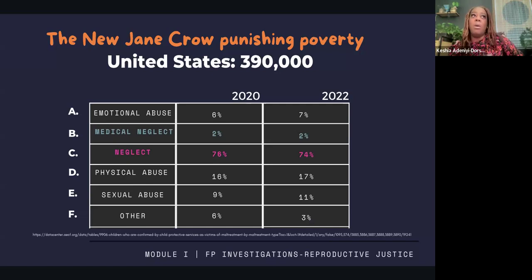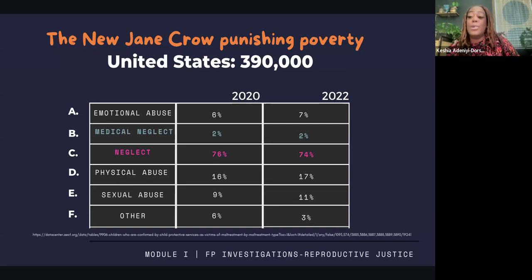Some have called this system essentially the new Jim Crow, right? The assault on mothers of color, the punishment of poverty that happens. Sometimes people accuse me of being okay with child abuse. I am not okay with child abuse, and I would not be having this presentation if we saw numbers like we see in neglect, if those were abuse, okay?